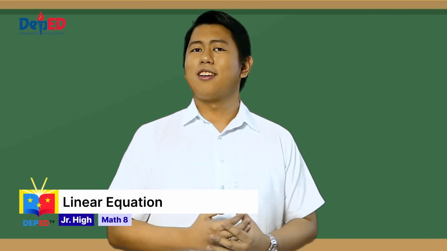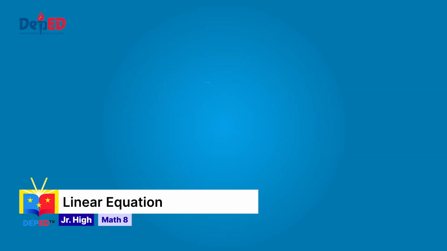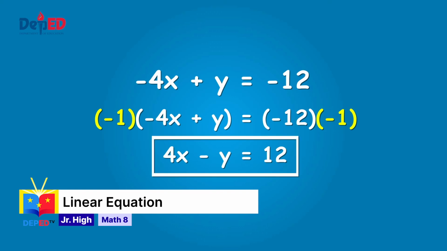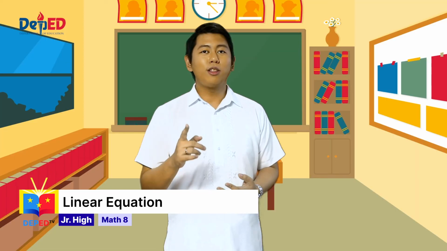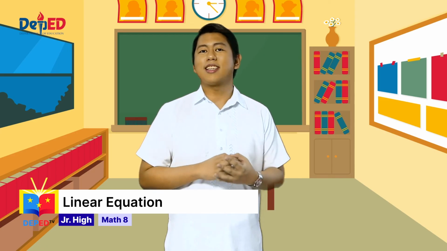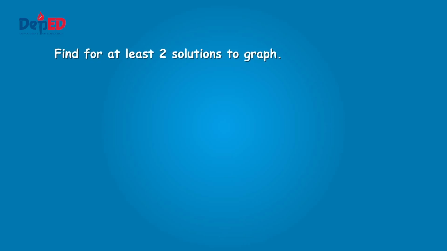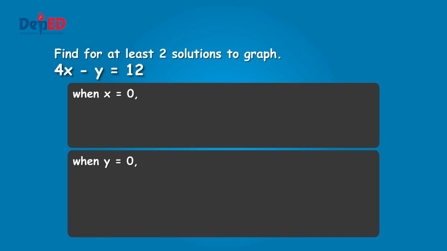But conventionally, we write the equation in such a way that the first term is positive. So when multiplying both sides of the equation by -1, we can write it as 4x minus y equals 12. We know that the graph of this linear equation is a line. To graph the solution, recall that we need at least 2 points to draw a line. The easier points that we can solve for are points where x equals 0 and y is equal to 0.